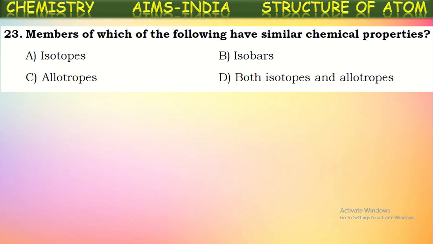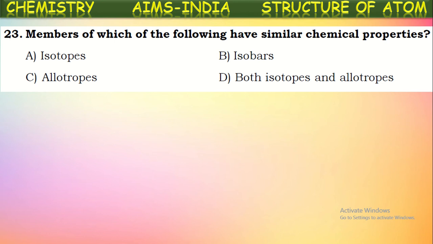For example, if you see the element carbon, it exists in different physical forms like diamond, graphite, coal, charcoal. These all are the different physical forms of carbon. These all contain the element carbon only, the same element carbon. But they have physical existence in different ways. But they do participate in chemical reactions in the same manner.